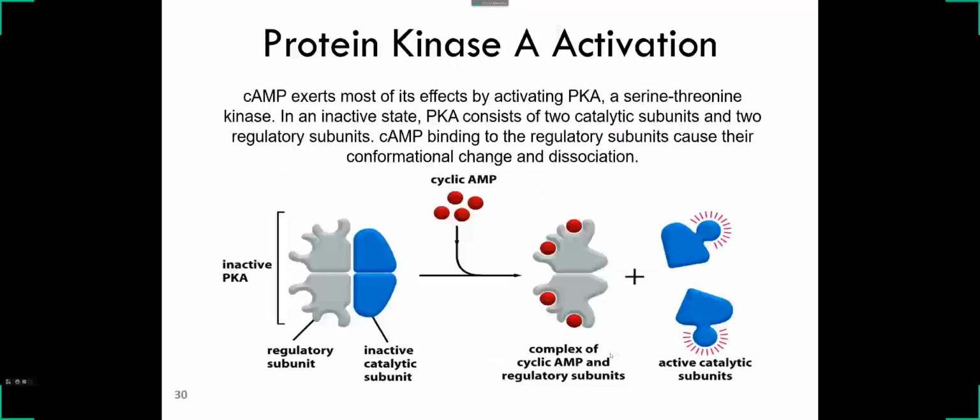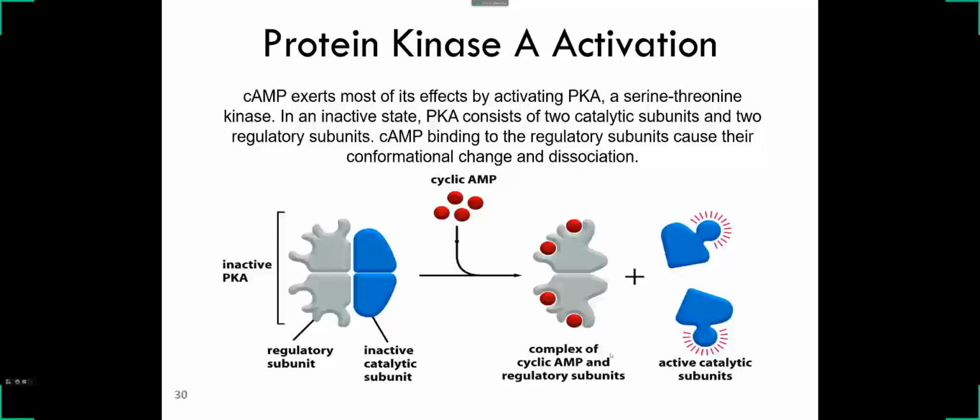Now, an important kinase that's part of this cyclic AMP cycle, if you will, is protein kinase A. Protein kinase A has 4 subunits. 2 of these will bind to cyclic AMP when cyclic AMP is produced by adenylate cyclase.